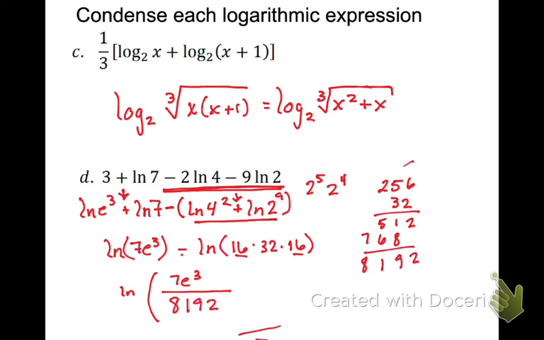8,192. Okay, so what are some things that happened here? When I condensed, I'm left with only how many natural logs? 1. Not 2. It isn't the natural log of this divided by the natural log of this. Okay?